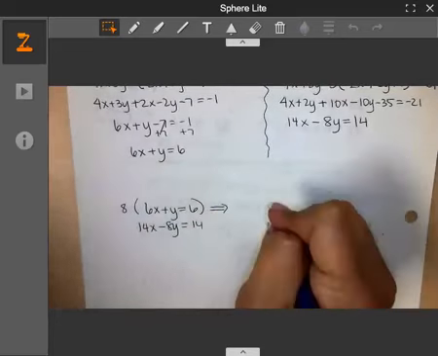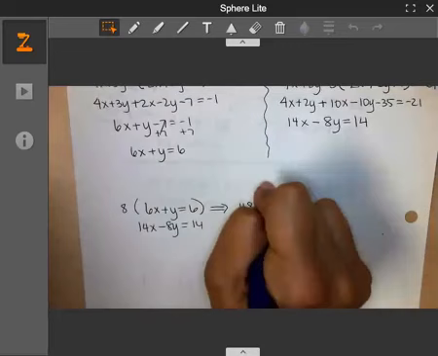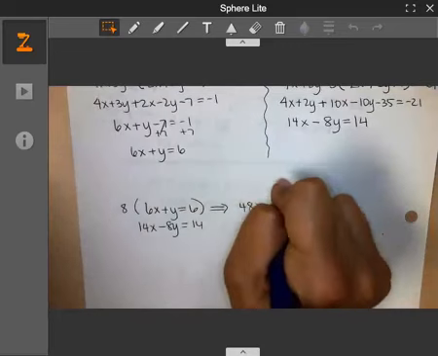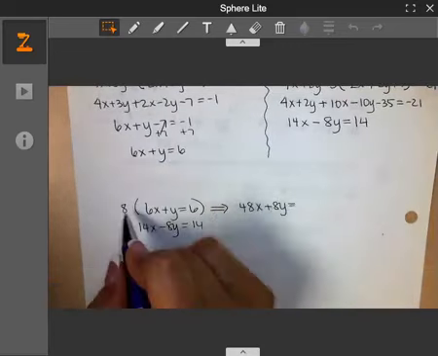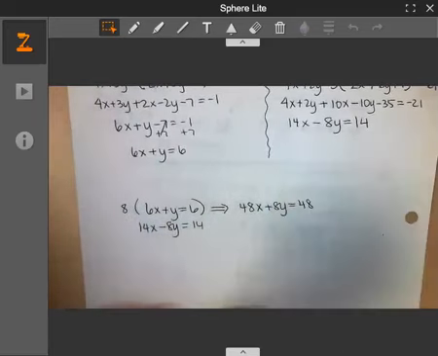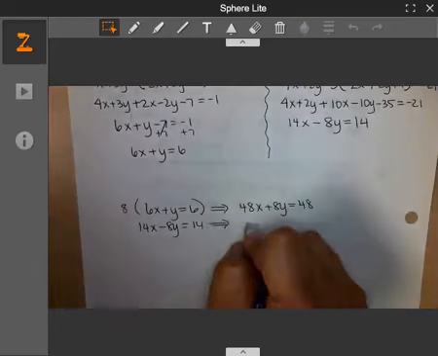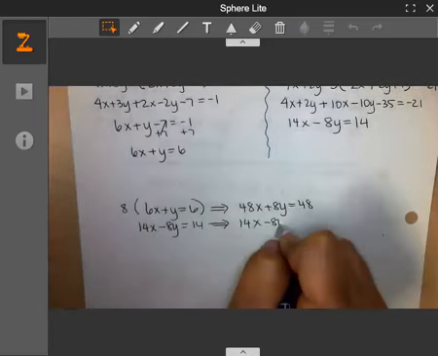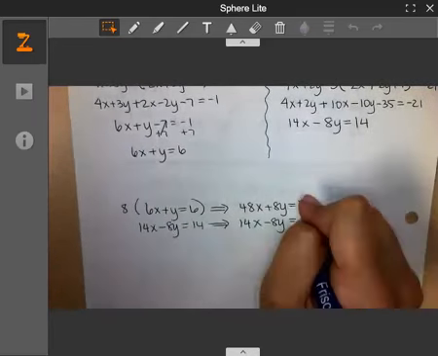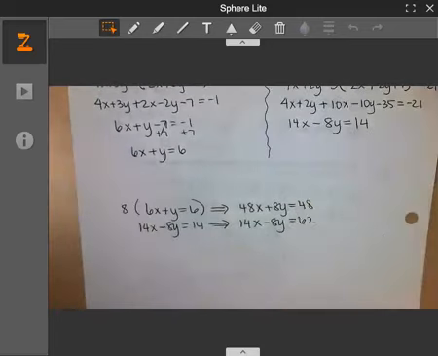So we get 48x plus 8y, and don't forget to multiply it times that last one too. 8 times 6 gives us that 48. The other equation just comes over. We don't have to change it since it already had something that we can get the first one to be. Whoops, 14.